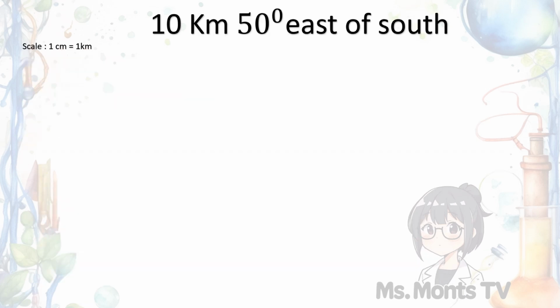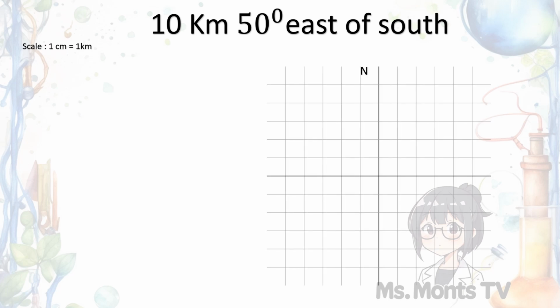10 kilometers, 50 degrees east of south. So again, the Cartesian plane. So we will find the 50 degrees east of south, meaning south going to east, 50 degrees. So 10 kilometers. This time, instead of putting a line here to make this a right triangle, I will put a line here to make this a right triangle.